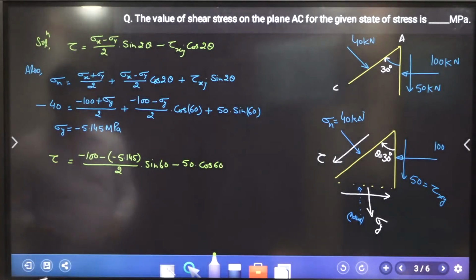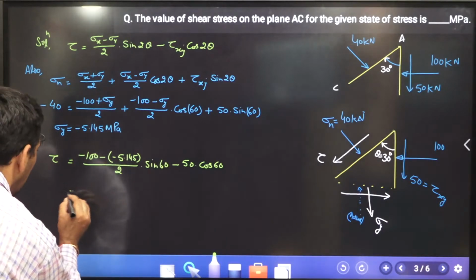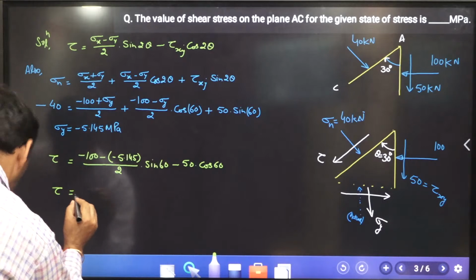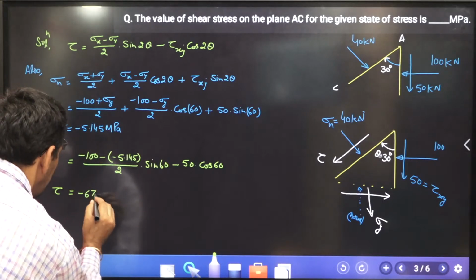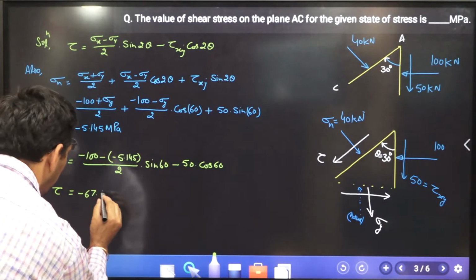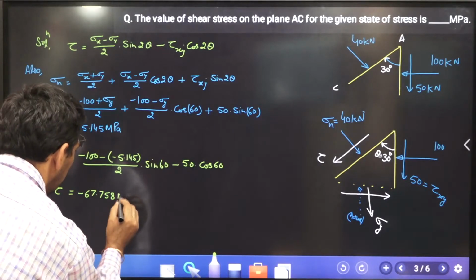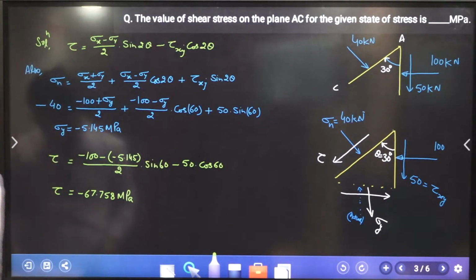That's all. So you have to take note of the sign, and this value also turns out to be negative. Tau will be equal to minus 67.758 megapascal.